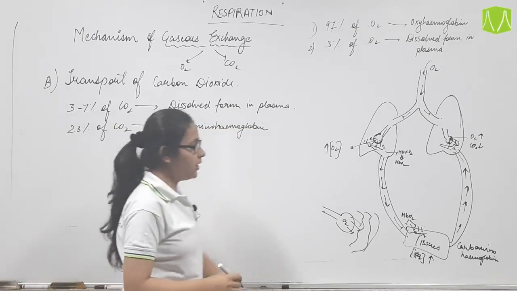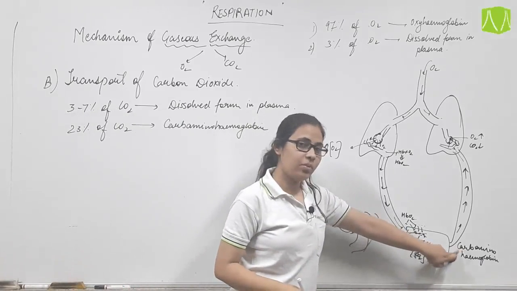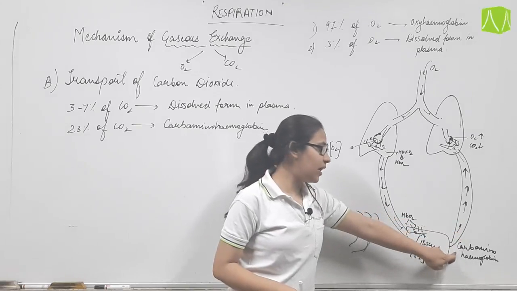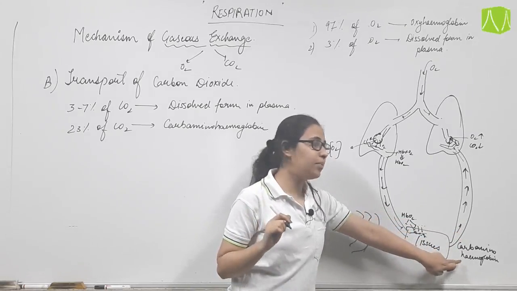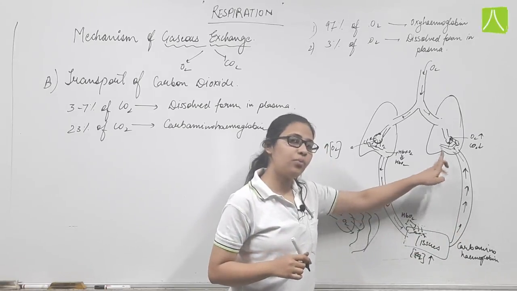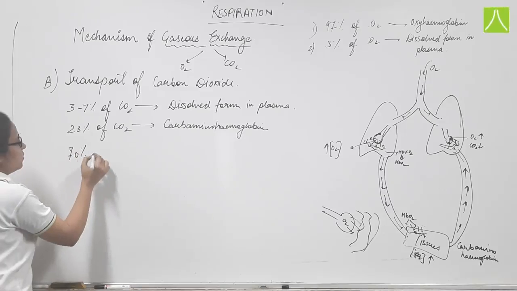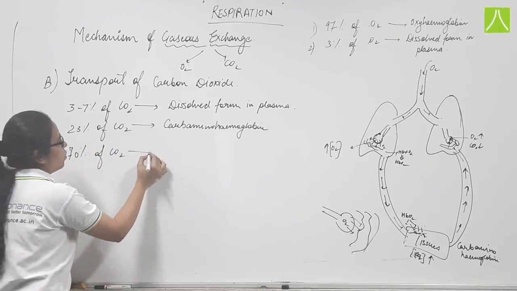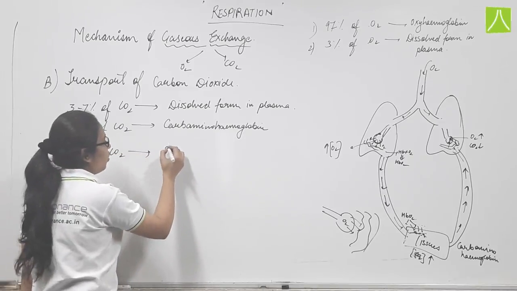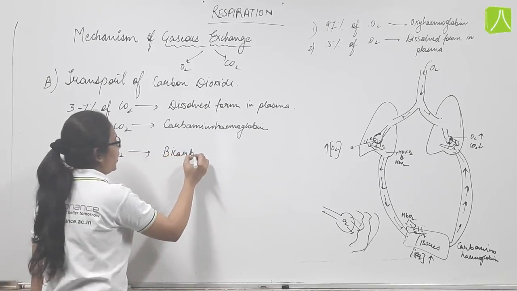That is the pathway: 23% of carbamino will travel in this way up to the lungs, and the remaining 70% of CO2 will travel in the bicarbonate ions form.